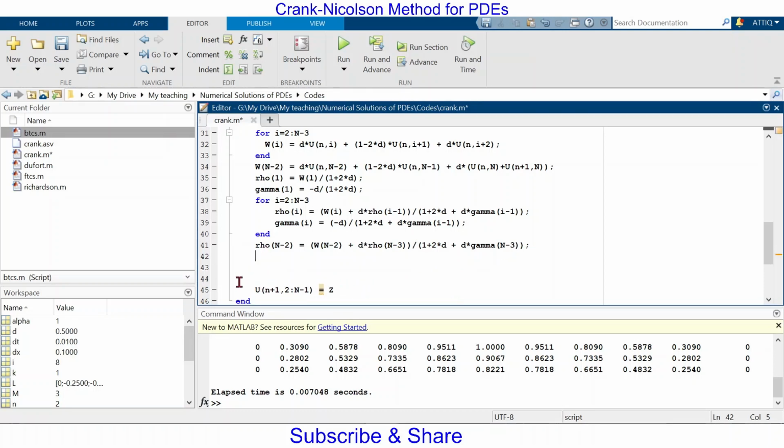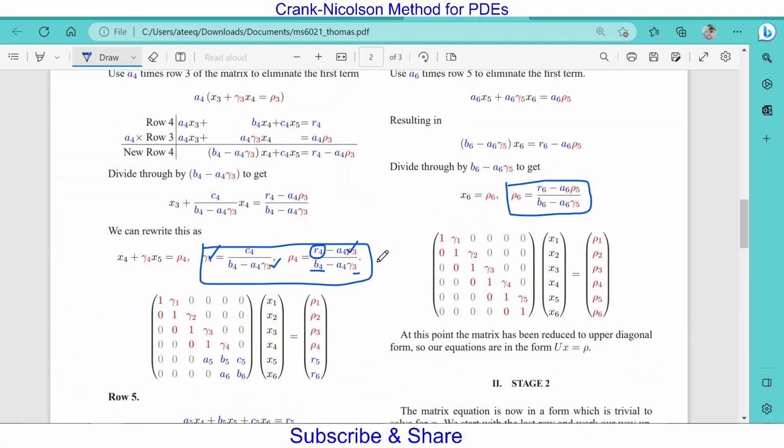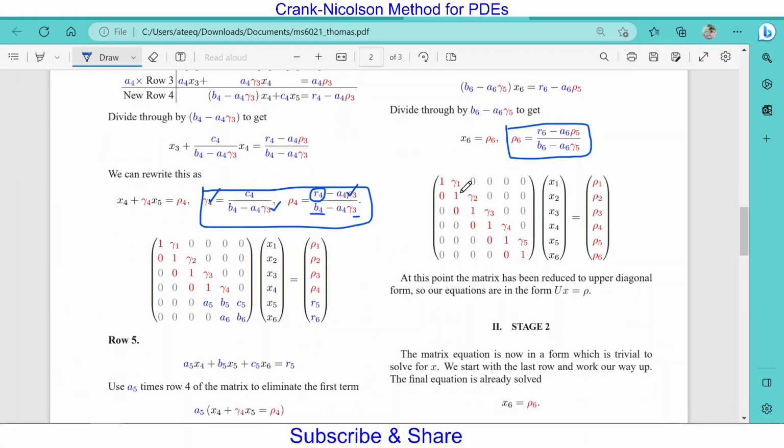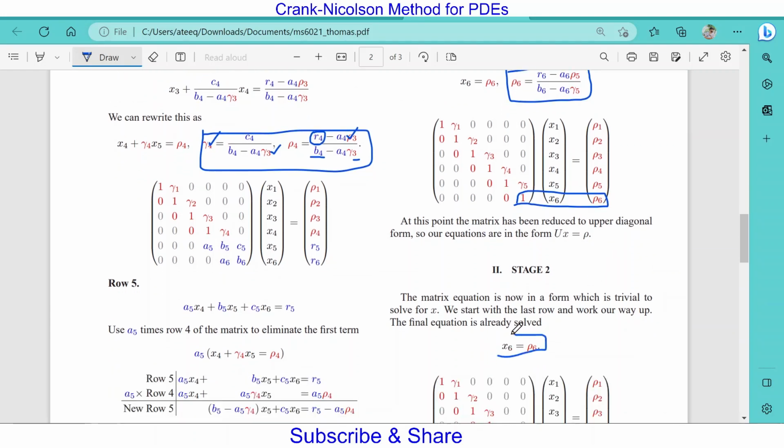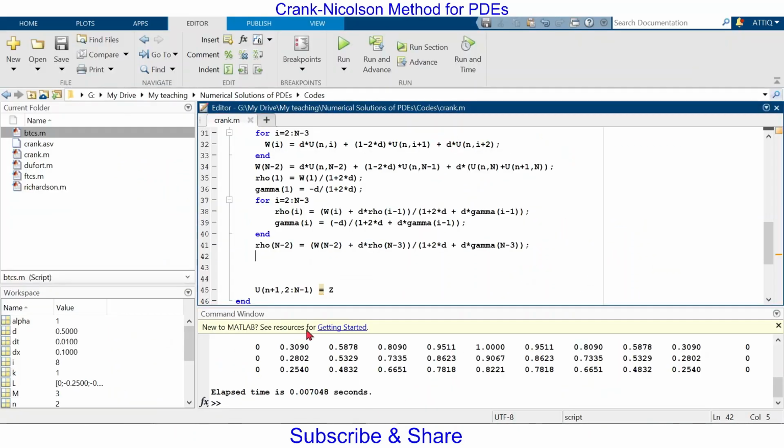The next step in Thomas algorithm is solving this system now. To solve this system, if you see here, the last value of the unknown is basically the last value of the row. So our unknown matrix in this case is Z. So Z last value is basically the row last value which we computed just above it.